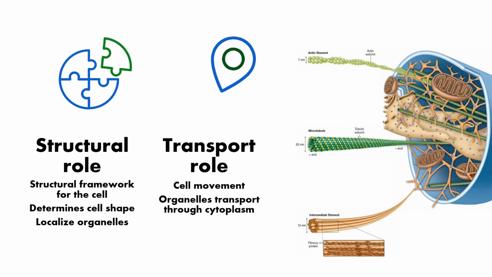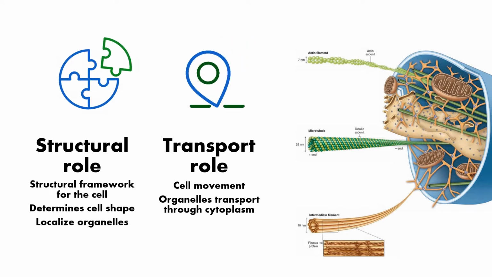Each organelle will be positioned in its specific place or location. And there is also a transport role, which is the cell movement and transport of organelles through the cytoplasm.